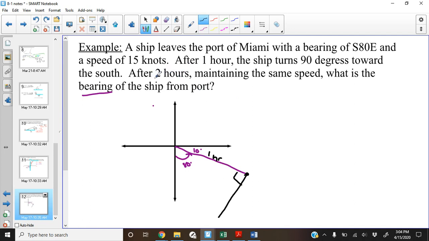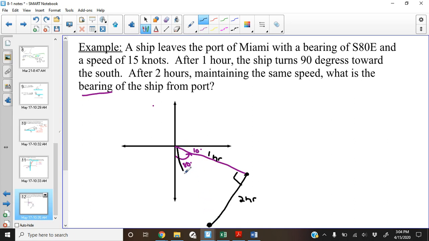And then after 2 hours of maintaining that same speed of 15 knots, what is the bearing? So we went now 2 hours this way. And obviously it's not drawn to scale, but you get the gist. So we'll come as far down as I can.